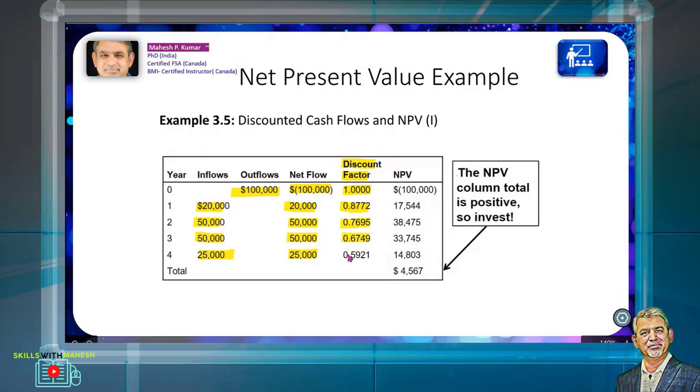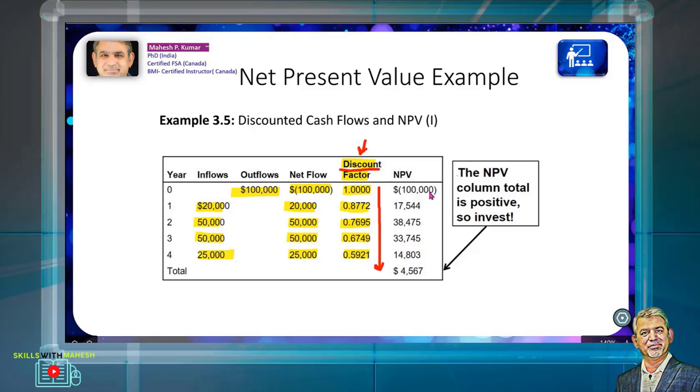Discount factor, look, the word is discount in itself, right? So the value of money is getting discounted because of inflation and because of this present value thing, right?